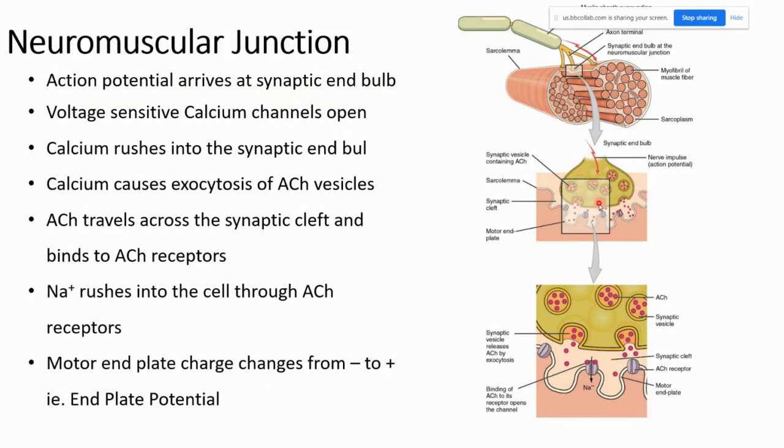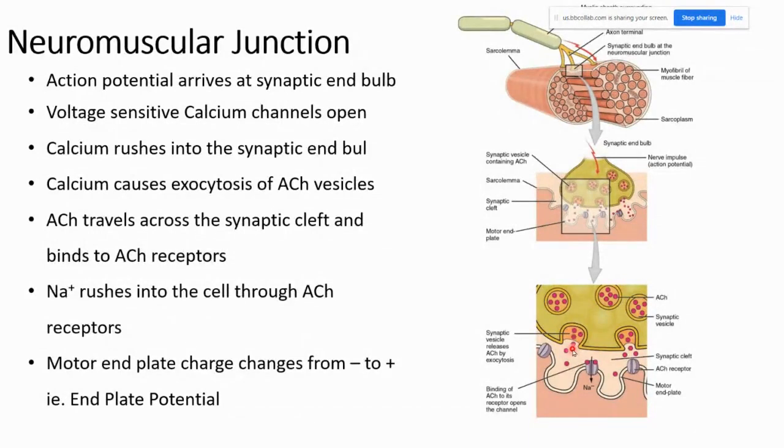When that happens, calcium rushes in. You don't see it pictured there, so I'm not too worried about the calcium steps. But when that action potential arrives at the axon terminal, all these little vesicles filled with chemicals get released. So there's some exocytosis of these chemicals.